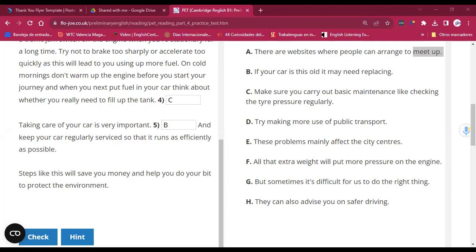Letter B. Okay, most of you said letter E, so let me write letter E. And finally, taking care of your car is very important. It's not letter B, so which one is the letter? Taking care of your car is very important, and keep your car regularly serviced so that it runs as efficiently as possible.